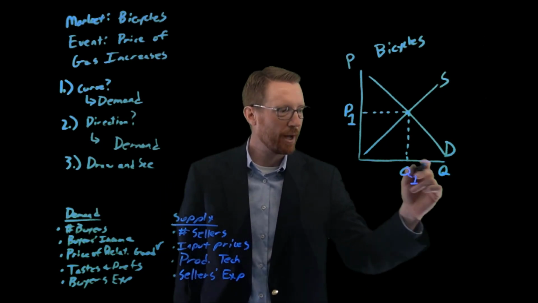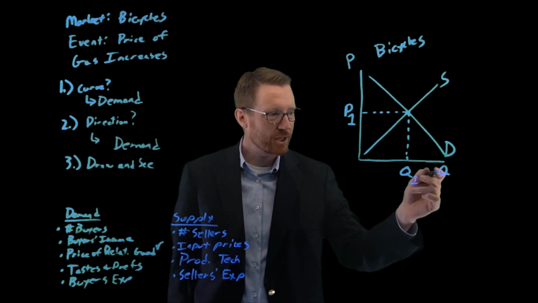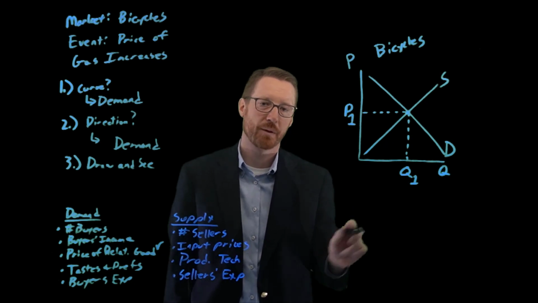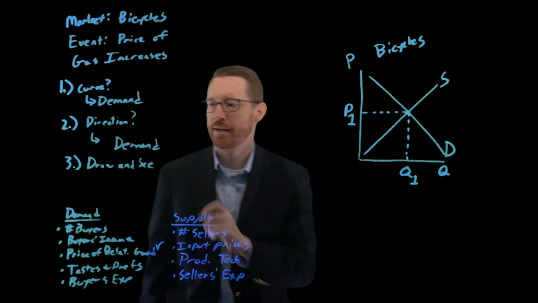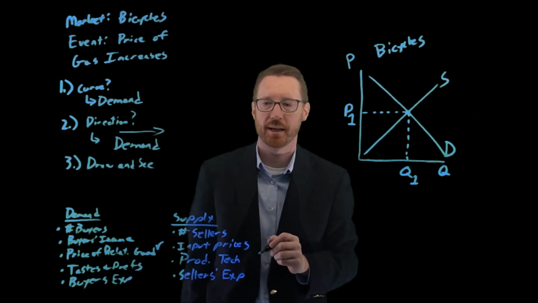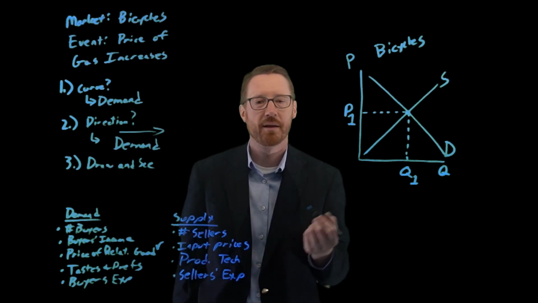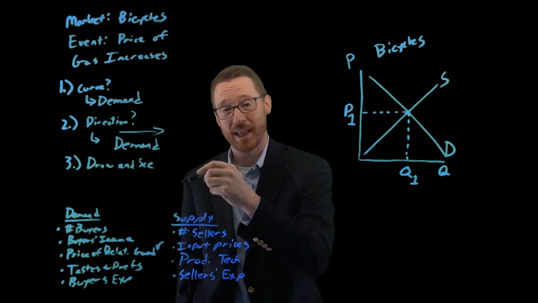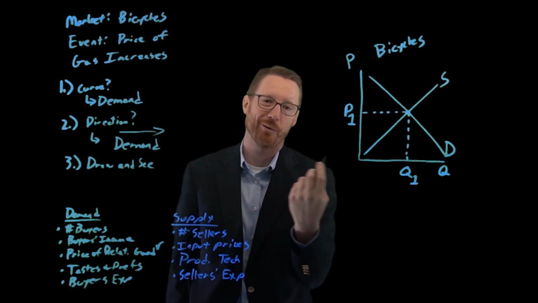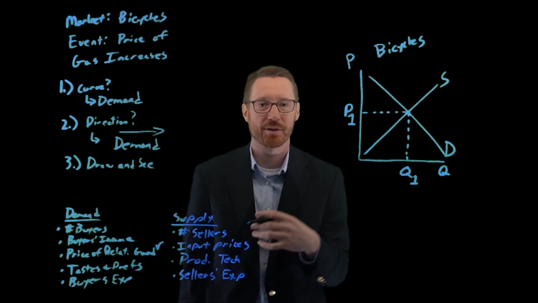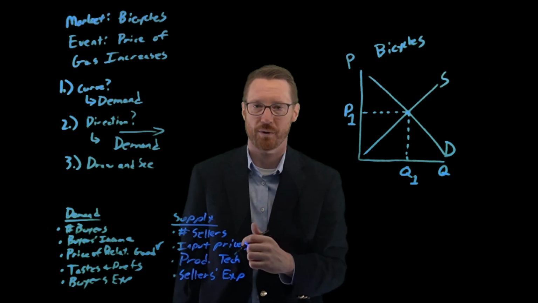So if they want to buy more, which direction is that on our horizontal axis, the quantity axis? More is to the right. So demand is increasing and shifting to the right. Here's a way you can remember that: left is less. I don't have a good one for right is more, but left is less. So if there's an increase in demand, it's moving to the right.